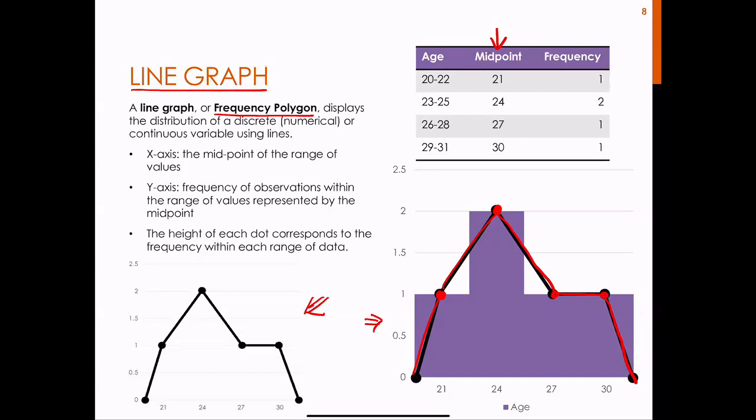So in the line graph, like the histogram, the x-axis represents the midpoint of the range of values, and the y-axis means the frequency of observations within each range of values, and the height of each dot corresponds to the frequency within each range of data.